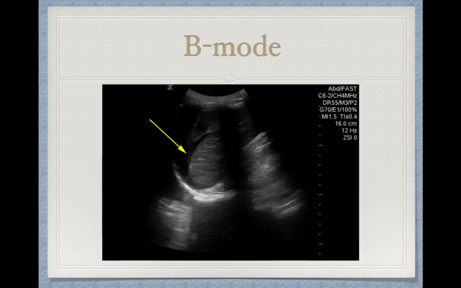So here's an example of all three of those, really. This arrow that's already there is displaying a very hypoechoic structure. This right here is the diaphragm, and that's a very strong reflector. You can see how bright that is.